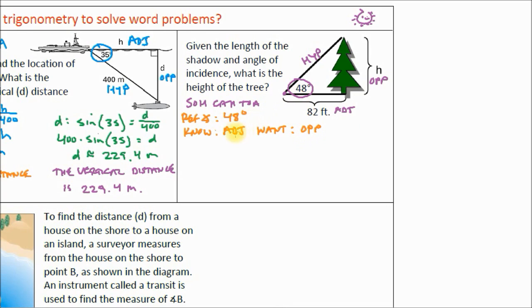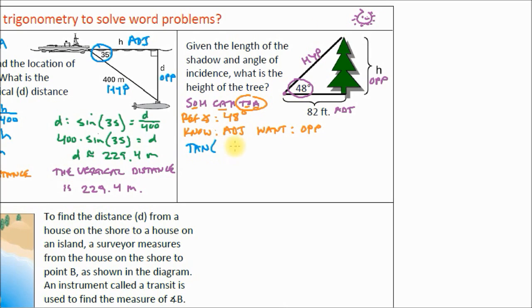So let's check our trig functions. Adjacent and opposite. That's not adjacent and opposite. Adjacent, adjacent, opposite, opposite. Looks like we have to go with tangent. All right, let's write our equation.